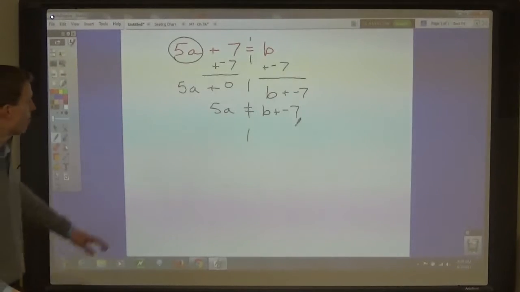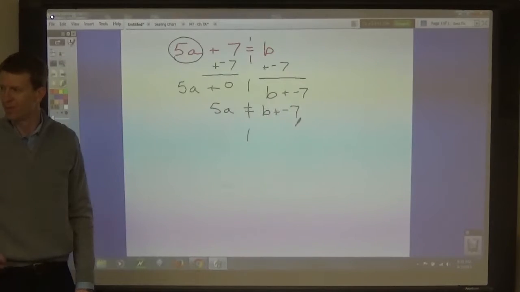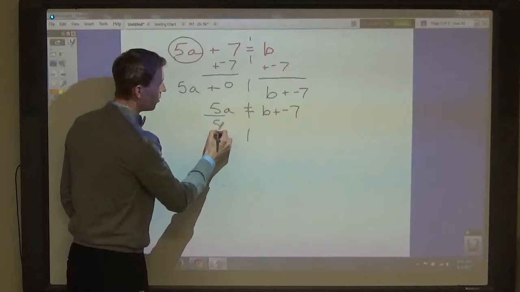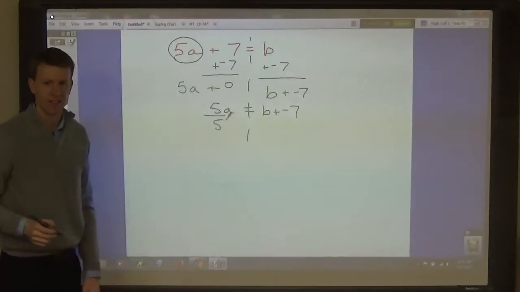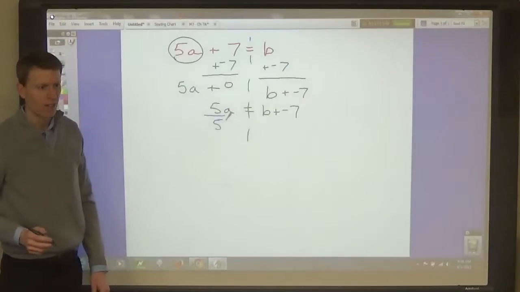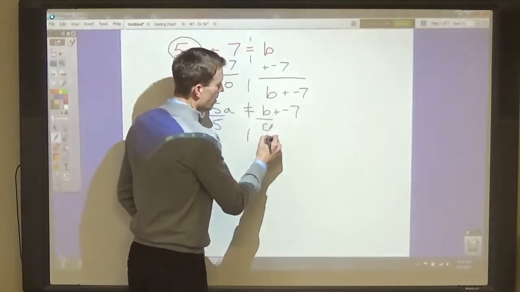Now, how do we get rid of the 5? 5a over 5, so divide by 5. Then what we have to do on this side is divide everything by 5.